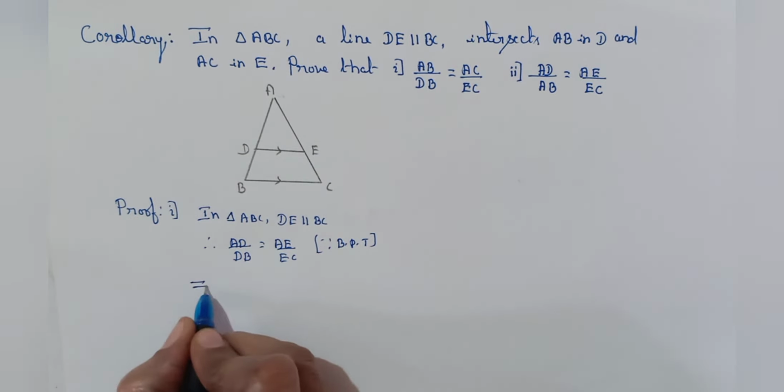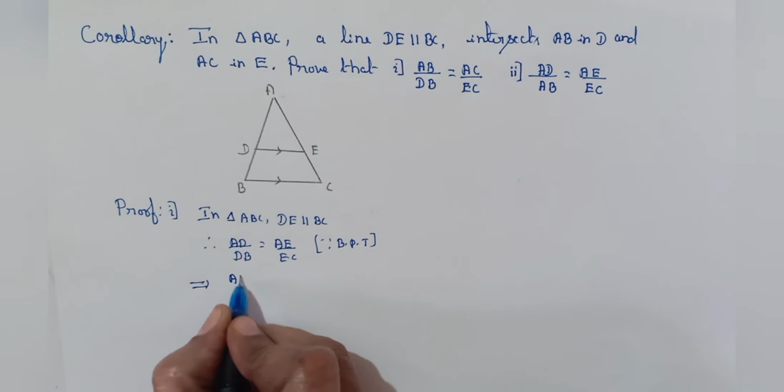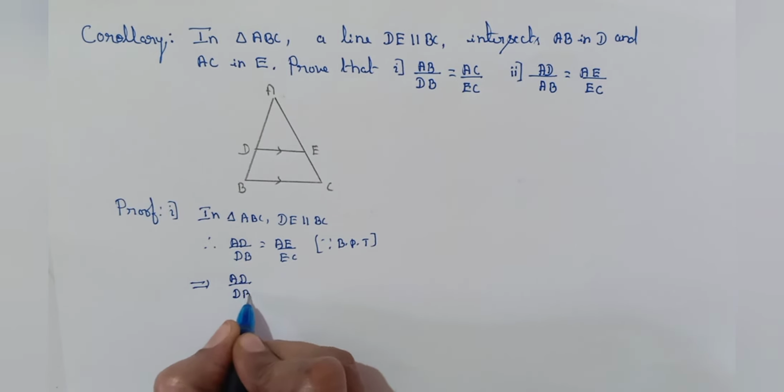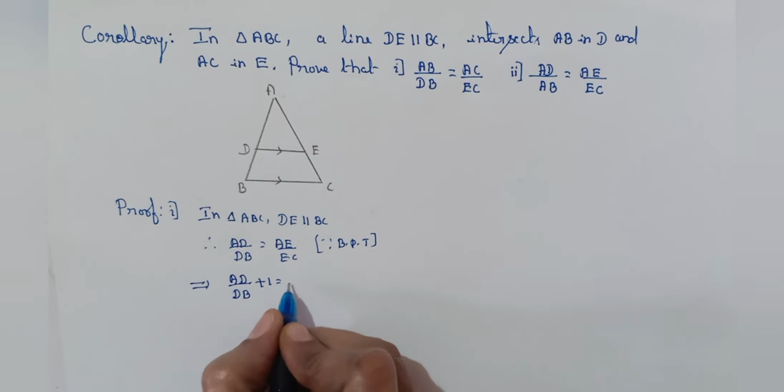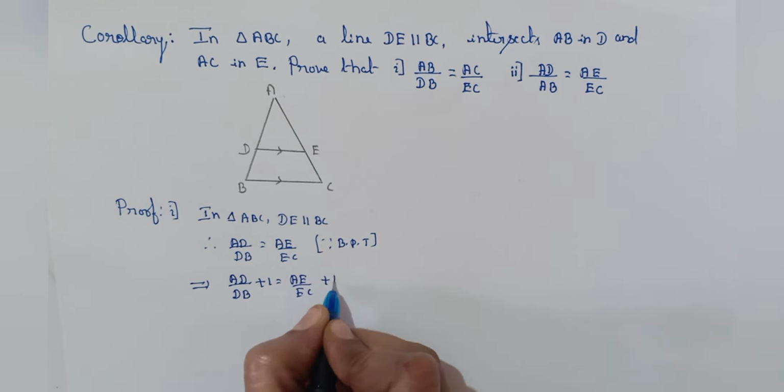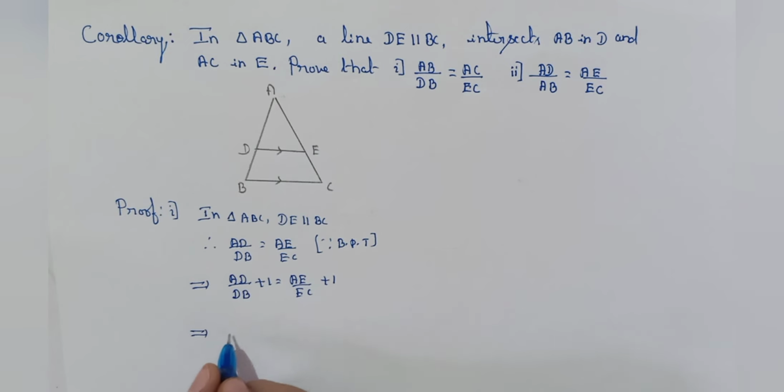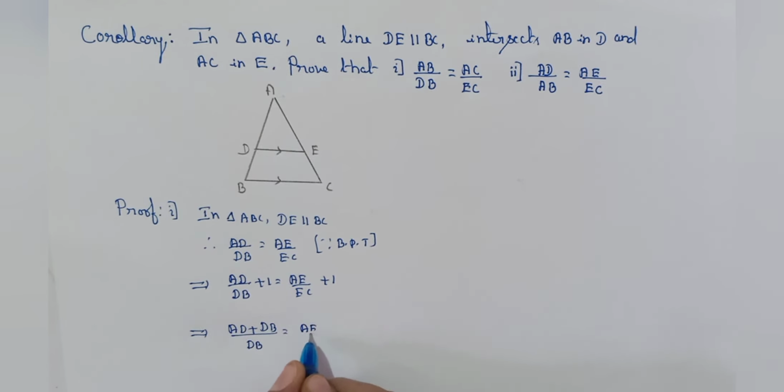Next, add 1 to both the sides. AD by DB plus 1 is equal to AE by EC plus 1. Now take the LCM. AD plus DB by DB is equal to AE plus EC by EC.